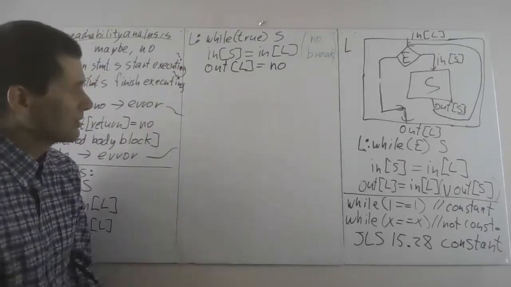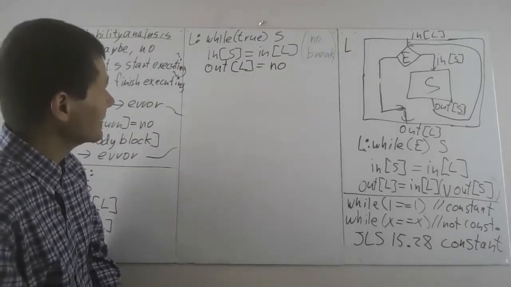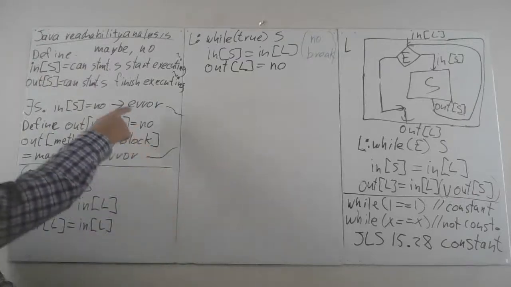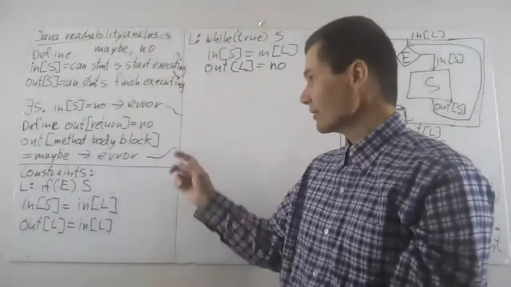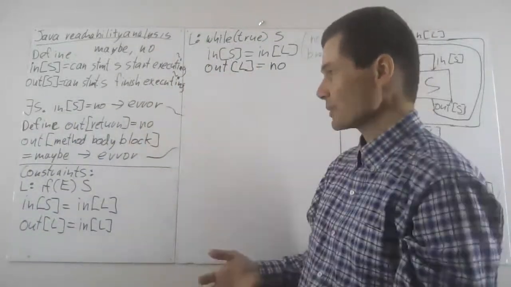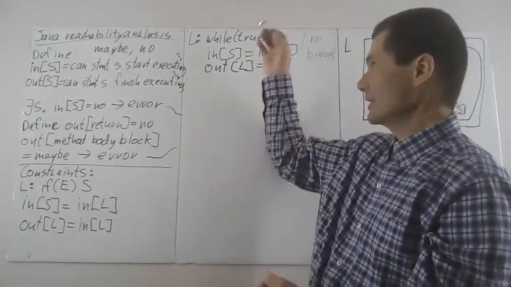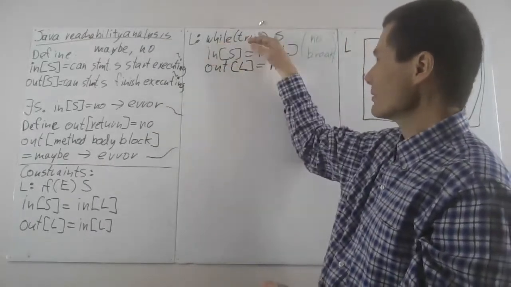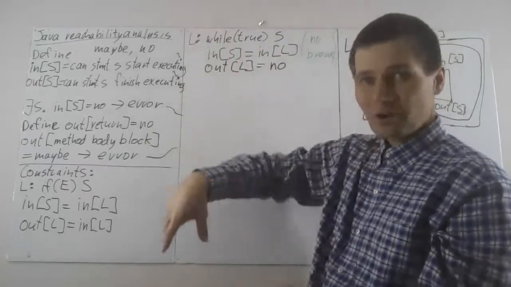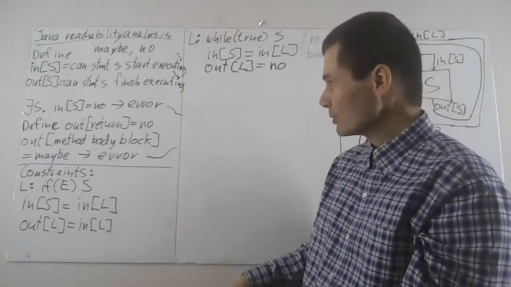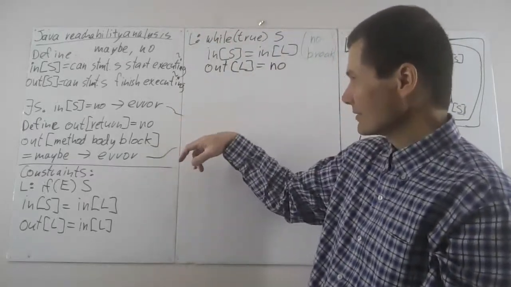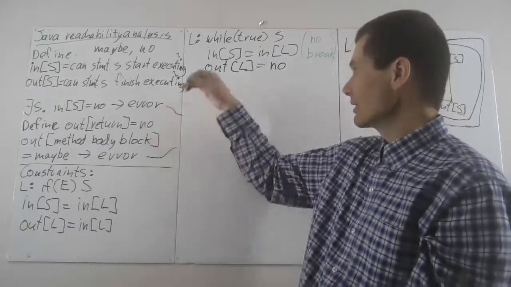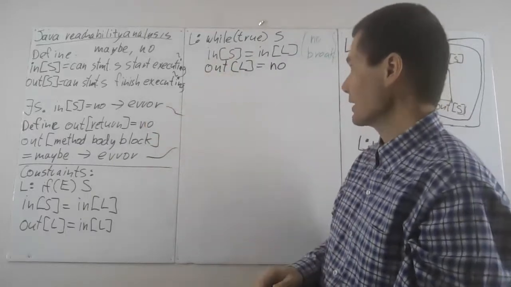All right, so what are some consequences of that? Well, we talked about when it's an error, in terms of reachability of code. In Java and in Juice, if you write an infinite loop and you put code after the infinite loop, you will get a compiler error, because the code after the loop will be unreachable.